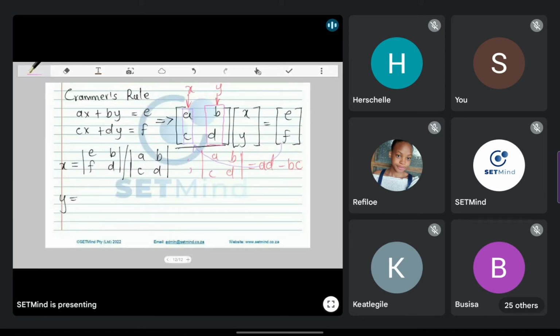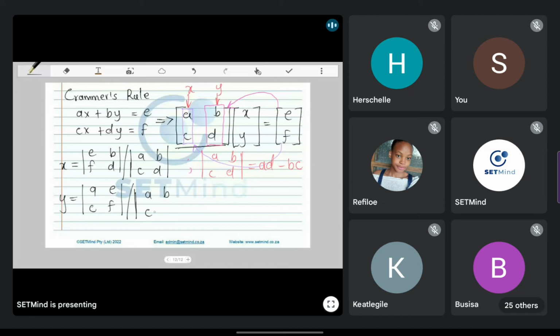I'm going to remove whatever is here and replace it with what is after the equal sign. So I have AC, but instead of BD, I'm going to have EF. Then I divide by the determinant of the original matrix, AB, CD.